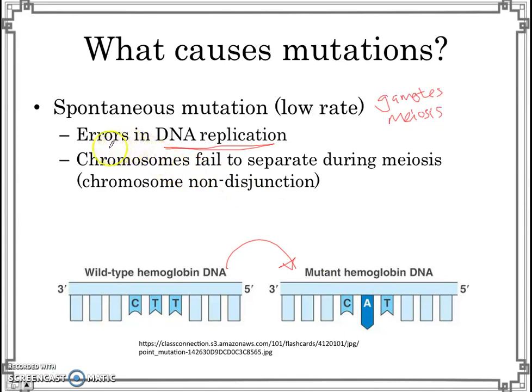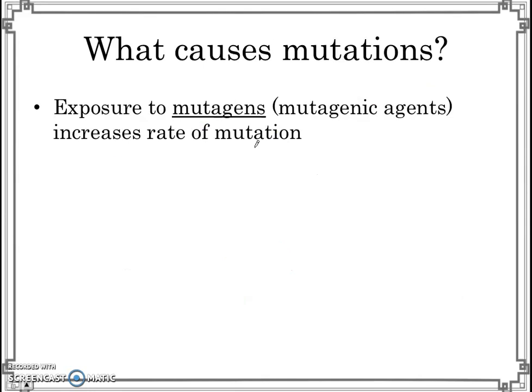The second source of mutation is when chromosomes fail to separate during meiosis, which I already talked about in that slide before. Those were the internal causes, which are random, like problems in your DNA replication and meiosis. There are also external causes of mutation. For example, exposure to mutagens will cause an increase in the rate of mutation.